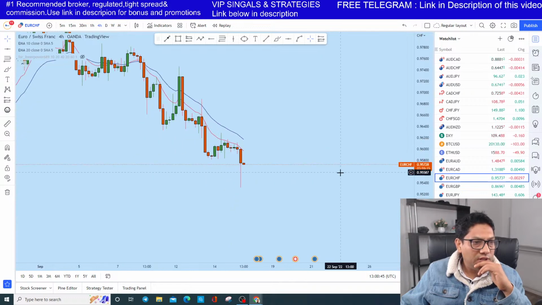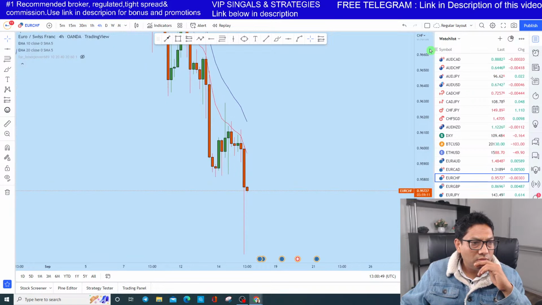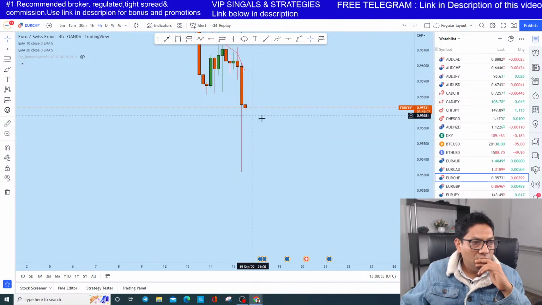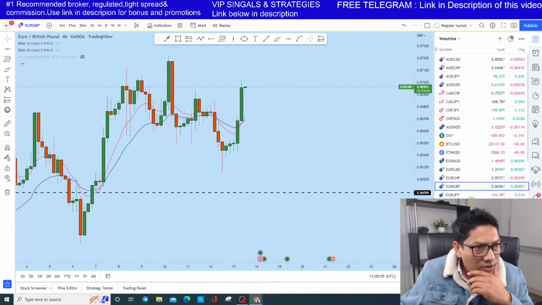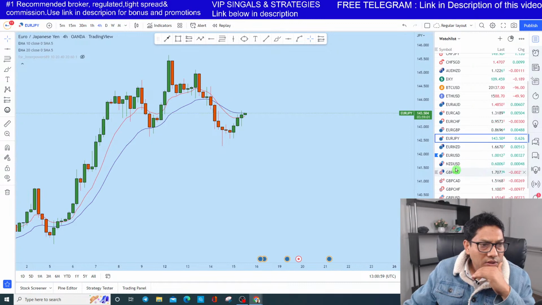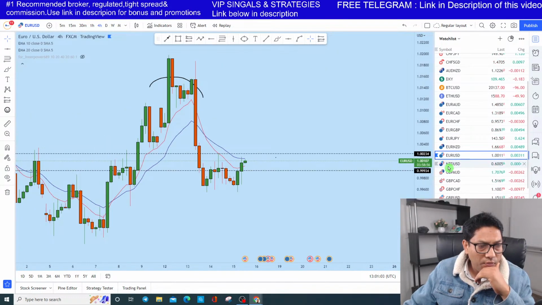The Euro CHF has given us really strong bearish price action. There is a rejection from the bottom, but it could still drop. Euro GBP, I'm just looking at all of them, and then I'll tell you which way, in my opinion, what's happening.